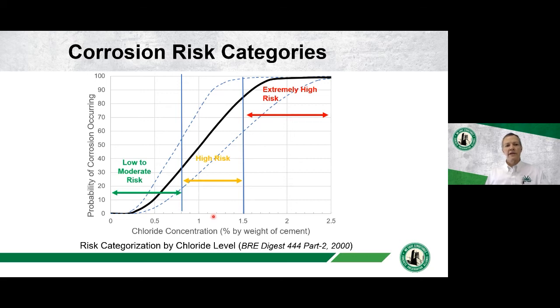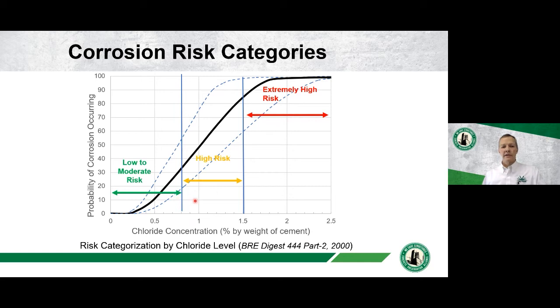So we have those different current densities, and we have correlated them to the corrosion risk categories that are laid out in BRE Digest 444. They tend to overlap pretty well. And so we have defined a low to moderate corrosion risk as basically 0 to 0.8% chlorides by weight of cement or carbonated concrete.